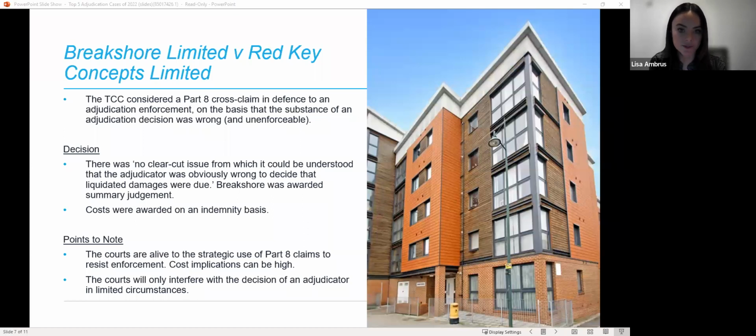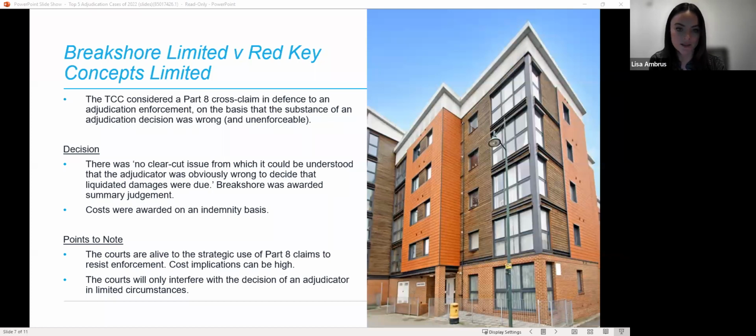In the Reakshore case, the two key matters were whether it was reasonable for Red Key to suspend works given the height issue, and whether this issue was in fact the cause of delay. The court found that both of these matters involved questions of fact, making them unsuitable for a Part 8 claim.